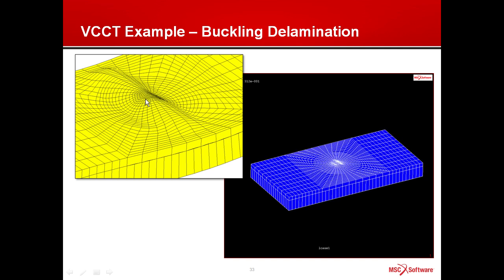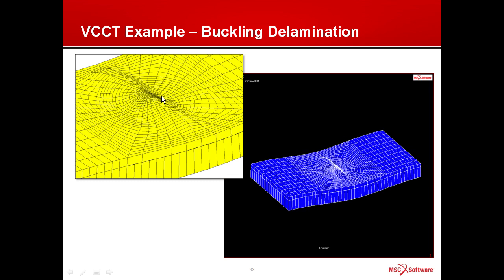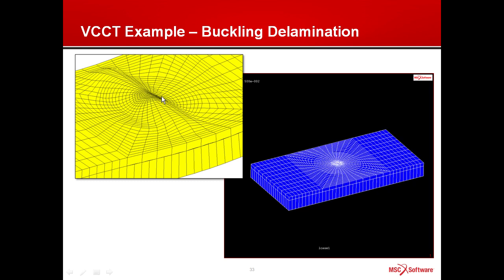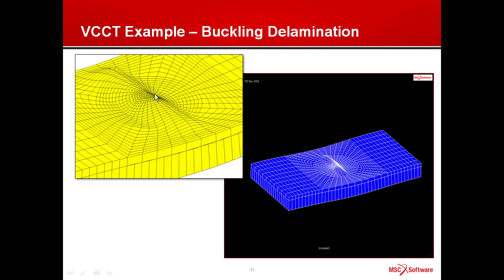And another question our users typically ask is, when you do such an analysis, can you also include material failure? And the answer is yes. In fact, as we do this analysis, we can also turn on progressive failure analysis. So we can also be tracking at the same time the plies. If they fail at all, we can capture that as well while the delamination is going on.